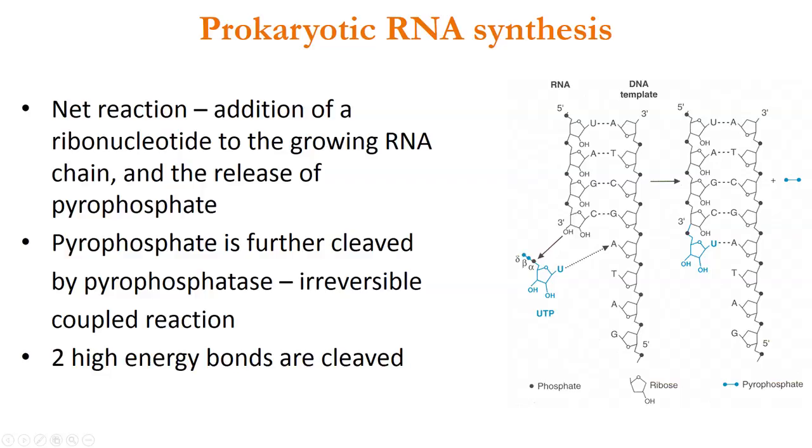We're going to cleave off that pyrophosphate, which is in blue here. And that pyrophosphate, which is not shown on this figure, is actually further cleaved into two molecules of inorganic phosphate that drives the reaction forward. Okay, and that's the polymerization step. And that's as complicated as you need to make it. Okay, so don't make it any more complicated than that.